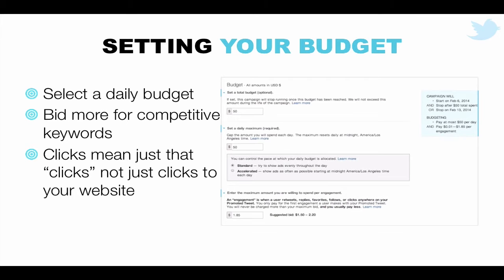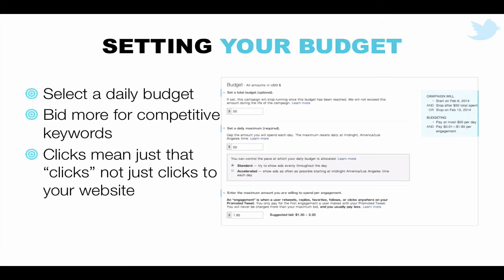If you're bidding against an audience that is highly popular and a lot of advertisers are bidding against them, or you're trying to target a specific keyword, a competitive keyword that again many other advertisers are trying to target, if you reduce this amount and you bid a lower amount, advertisers who bid higher will have their ad shown to targeted users before yours.